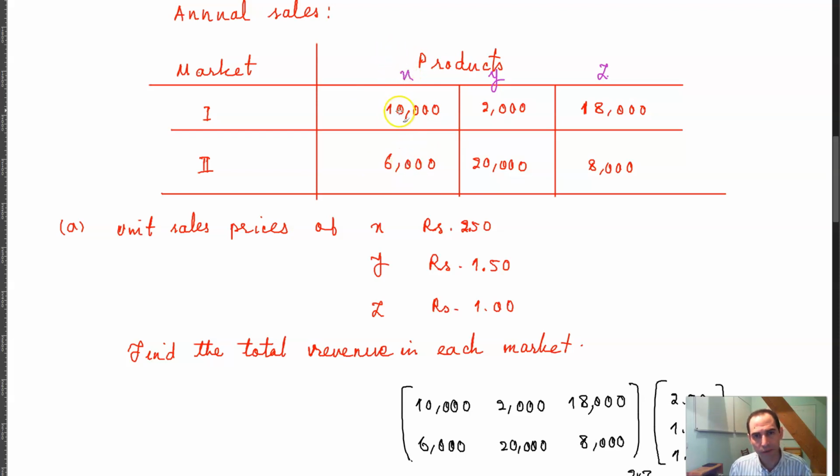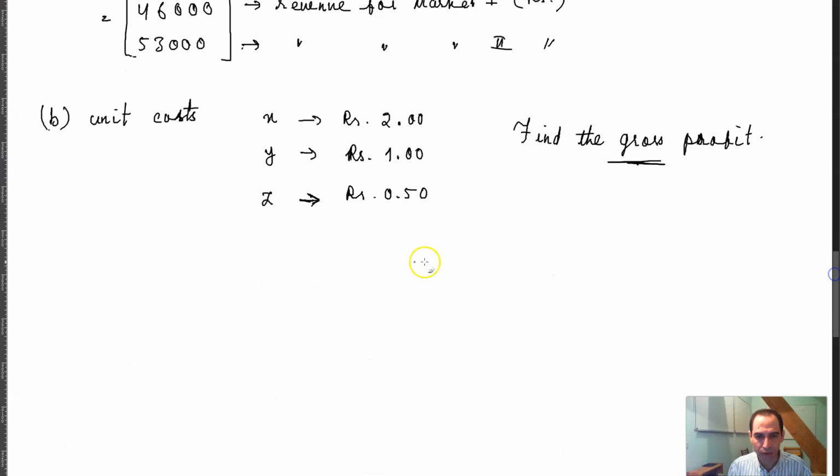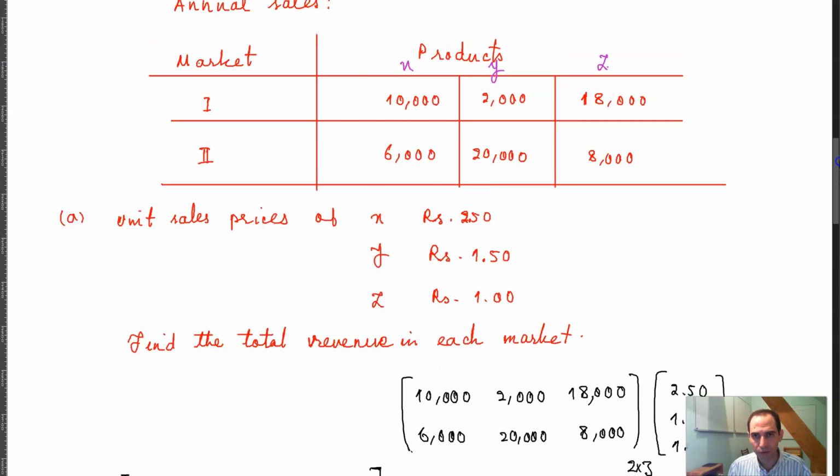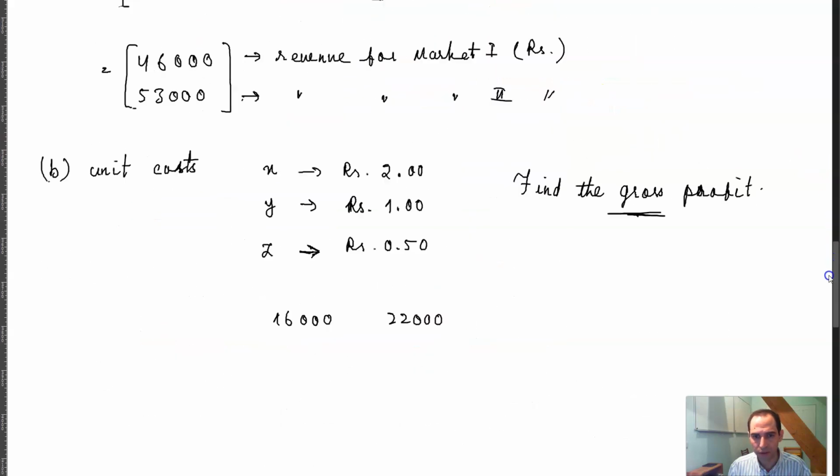That means I have produced 16,000 items of product X, 22,000 items of product Y for the 2 markets, and 18,000 plus 8,000, that is 26,000 items of product Z. So that's 16,000, 22,000, and 26,000, for X, Y, and Z all together for both of the markets, right?